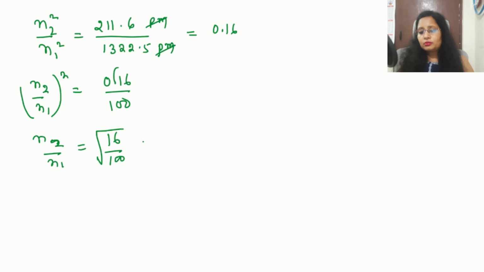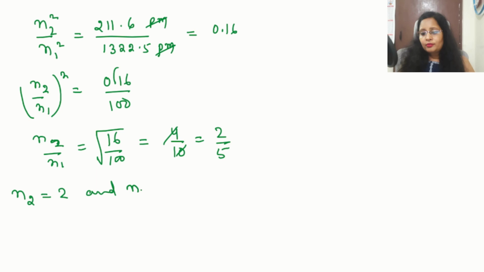So here we get the value 4 upon 10, which cancels to 2 by 5. So from here we can say that n2 is equal to 2 and n1 is equal to 5. It means the transition started from orbit number 5 and it ends in orbit number 2.